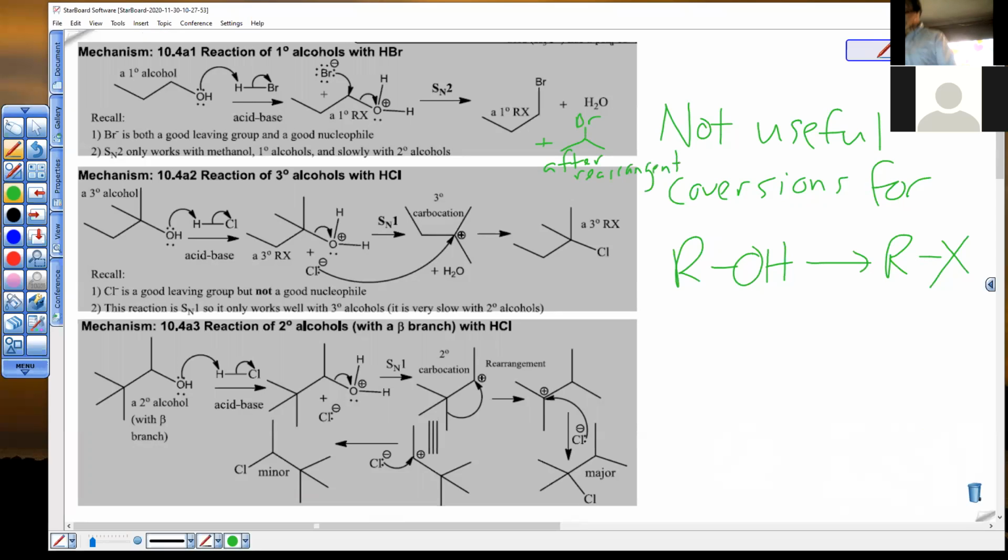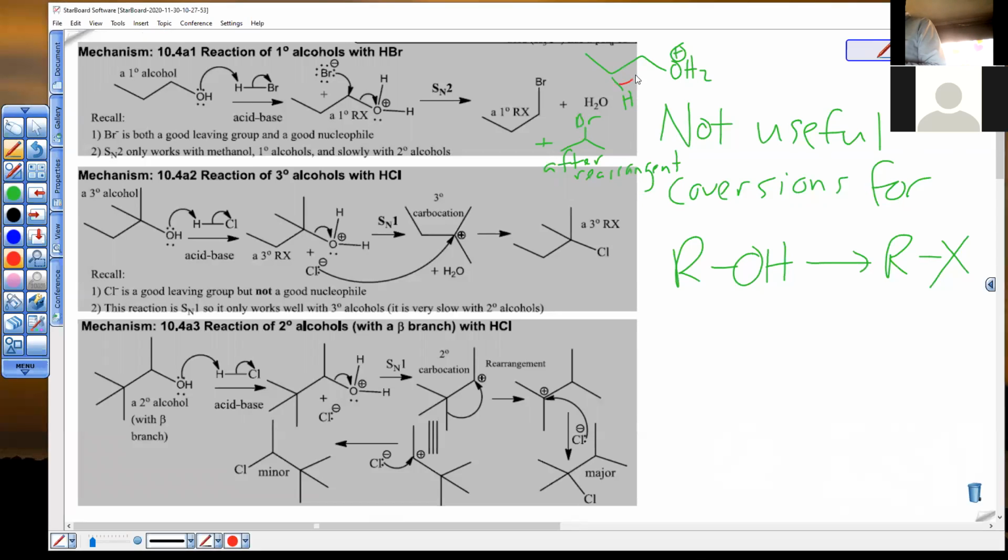That would rearrange. You want to see the rearrangement? Here it is. And we haven't seen a rearrangement exactly like this before, but I told you primary carbocations are illegal, so you're not allowed to show them anymore.